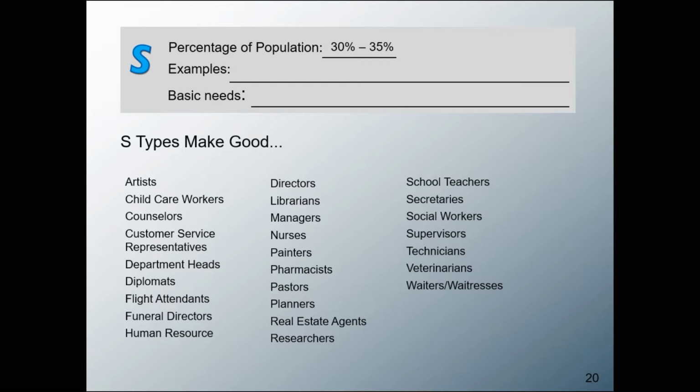And the people that we'll see having this type of personality will be people that want to serve. Like they have an ideal and they want to help people in some way. And we see Mother Teresa, Gandhi, Martin Luther King.